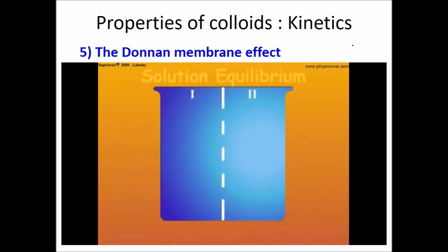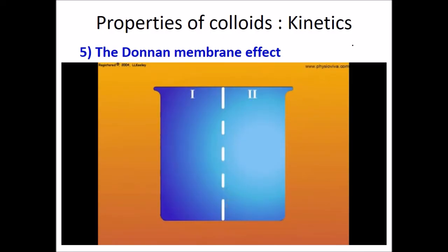The Gibbs-Donan equilibrium is a phenomenon of solutions that contributes to the formation of an electrical charge across a cell membrane. It can be illustrated using a beaker separated into two chambers by a semi-permeable membrane.